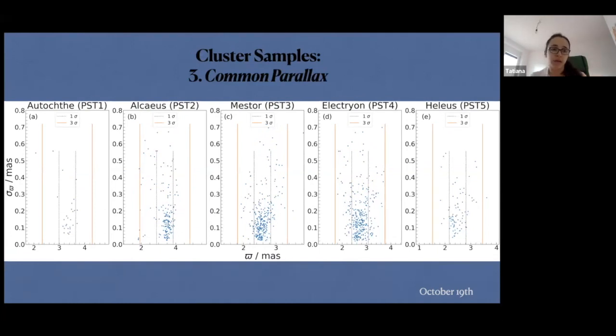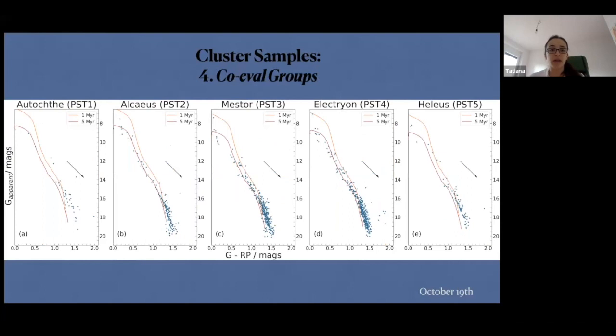Here, this is parallax error against parallax, and we see that for all 5 there is a parallax mean. So they're also clusterings in the third dimension. And then finally, in CMD diagrams from Gaia, we see that they follow well-defined isochrones. So they're groups of coeval stars as well.